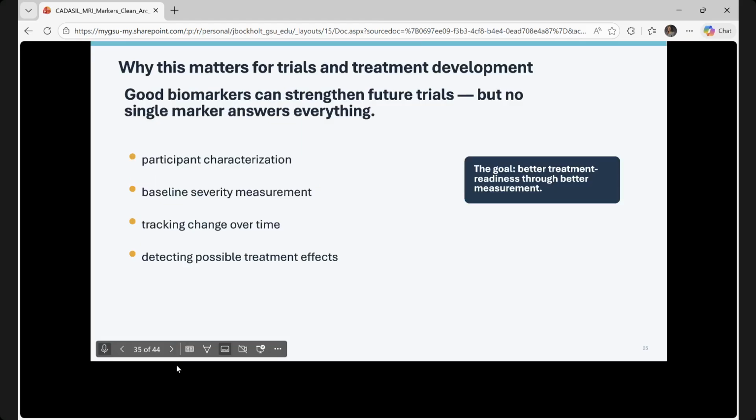So good biomarkers allow for detection of treatment effects, right? Oftentimes what you want to show is that when given the treatment, the expected change in that biomarker is deflected downward.